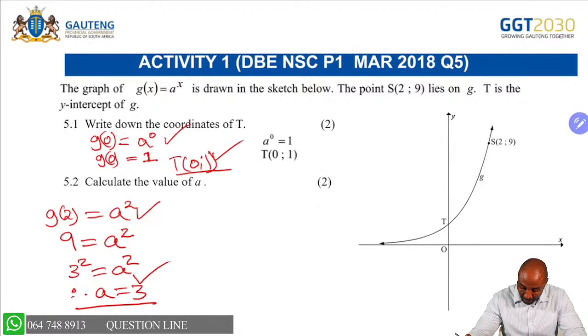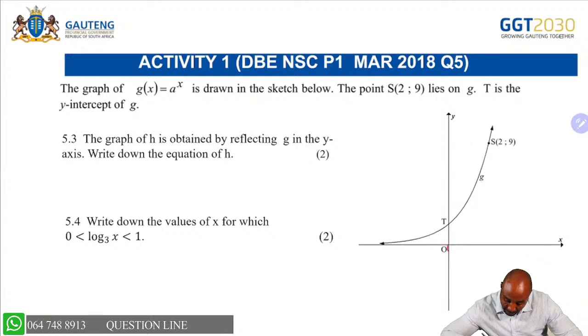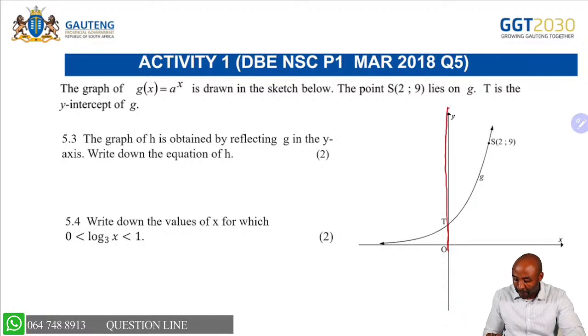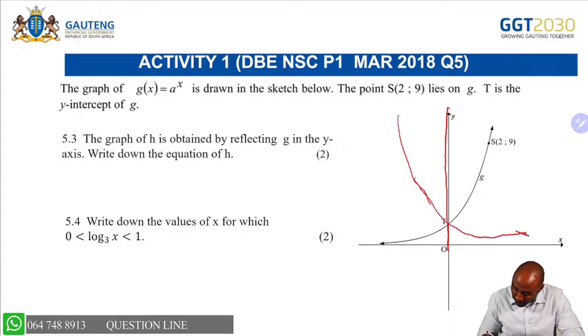We move on to the next part where the graph of h is obtained by reflecting g in the y-axis. Write down the equation of h. By reflection about the y-axis, this becomes our reflection line, which means the mirror image of g comes this side, and we will have our function looking like that.